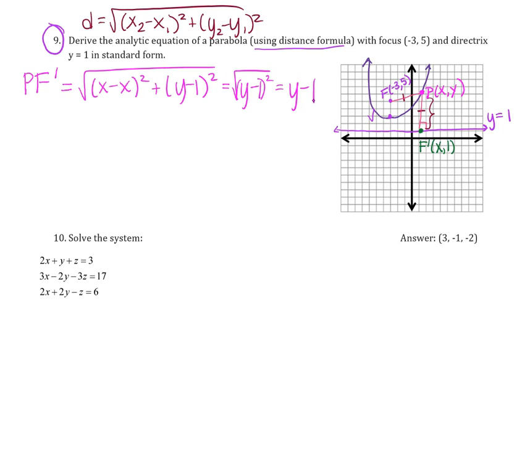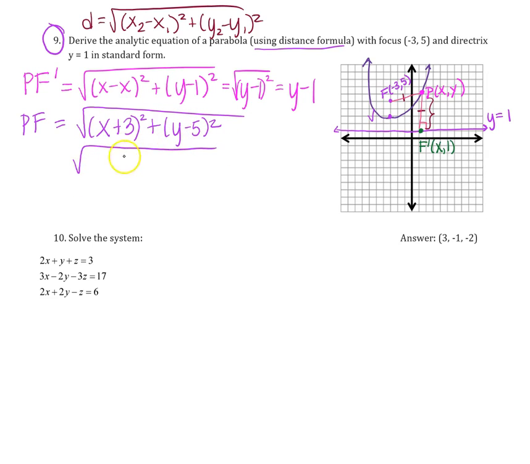Okay, now I'm going to find PF. So subtract your x's. I've got x minus a negative 3, which goes to x plus 3 squared, plus y minus 5 squared. So I have these two that are going to be equal. I'm actually going to FOIL out some stuff here.